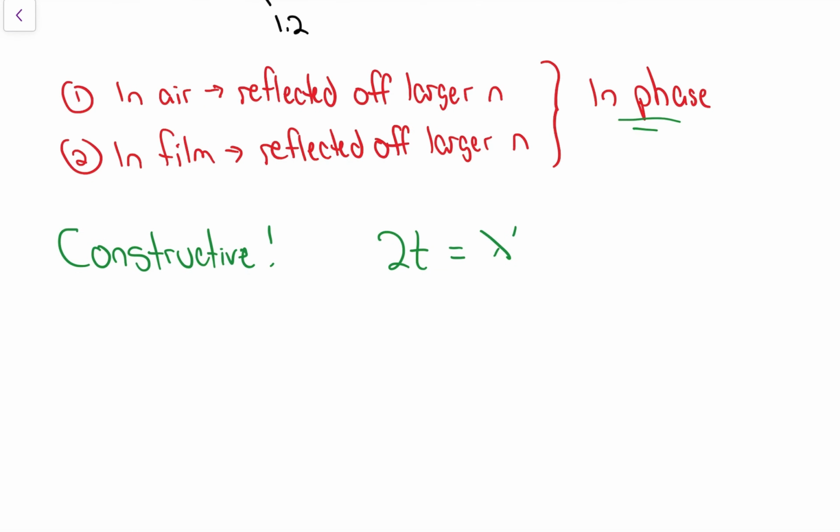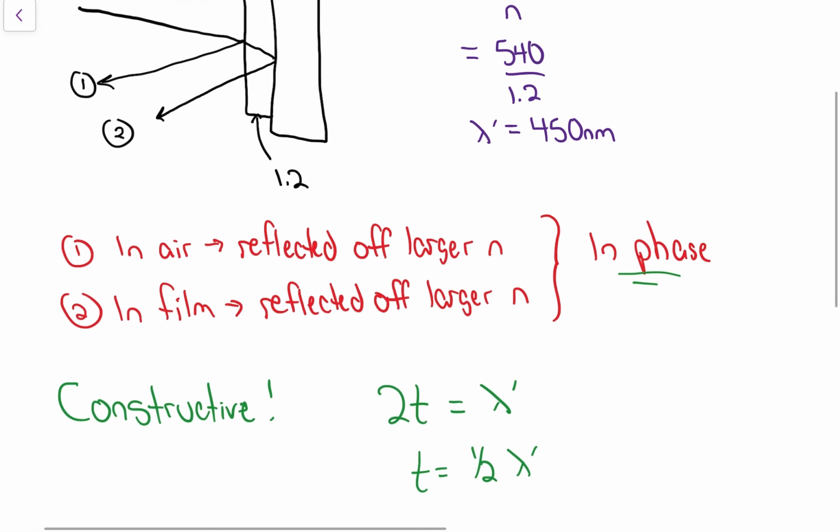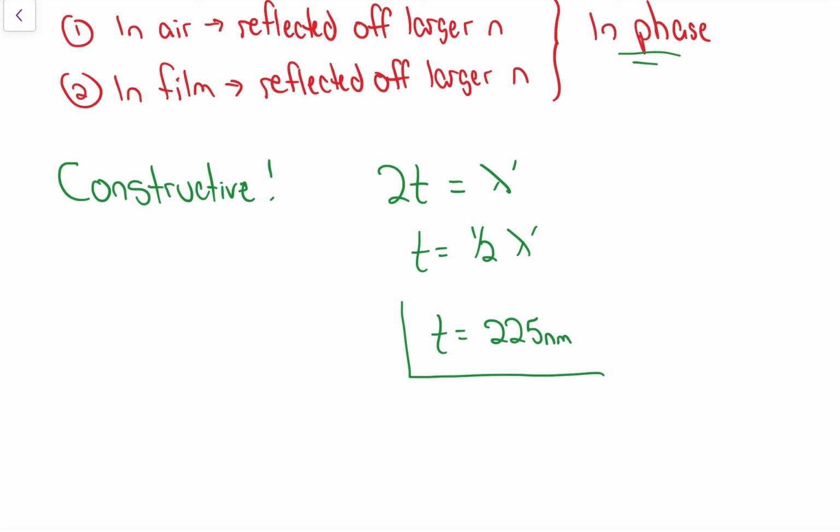Since they're in phase because they're reflecting and we want them to stay in phase, the 2t must be a lambda prime, which means t must be half of lambda prime. For the numbers in this question, the lambda prime was 450, so t is half of that, 225.